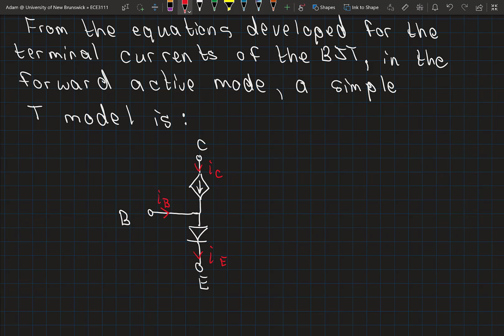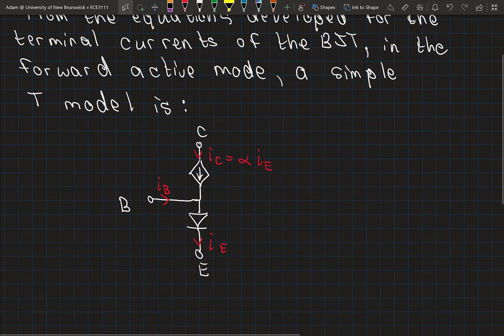But as we know, this collector current is also equal to alpha times my emitter current. And this collector current we discovered is equal to some saturation current times e to the VBE, a function of the base to emitter voltage, divided by thermal voltage.